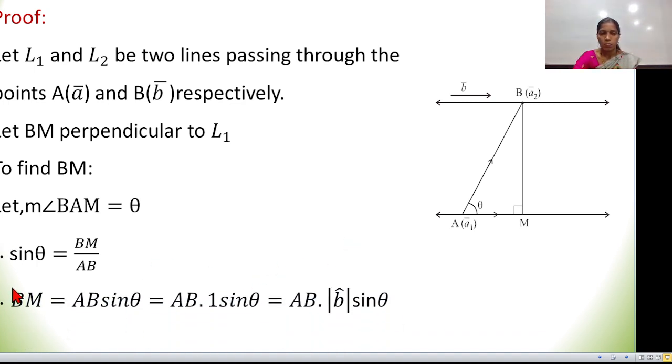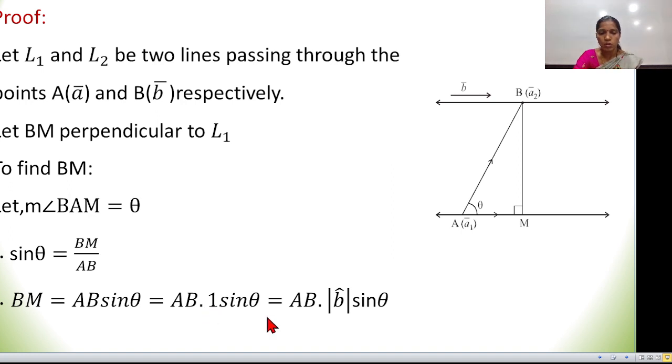So using this definition, BM is equal to AB, the denominator goes to the right hand side and transfers to the LHS. So we get AB sine theta, which we can write as AB dot 1 into sine theta, the product of these three terms, also AB sine theta.